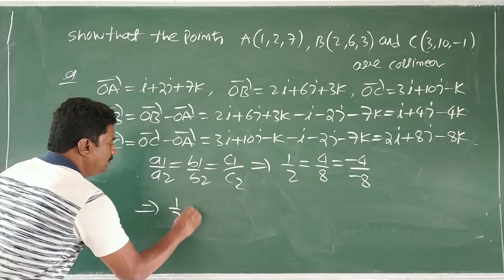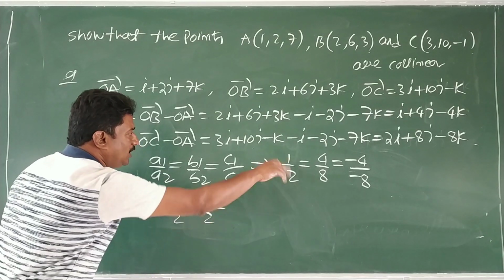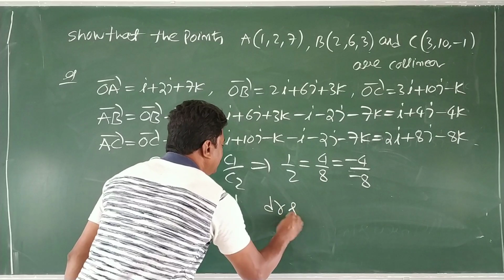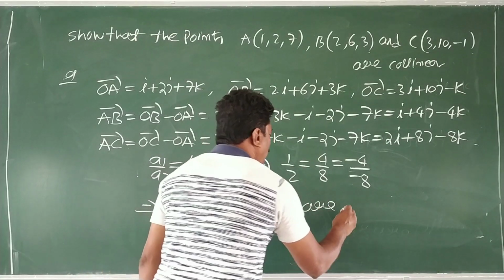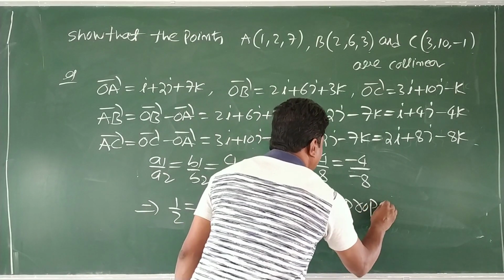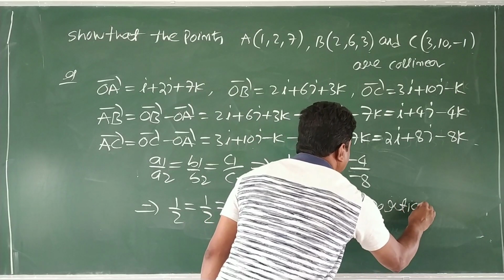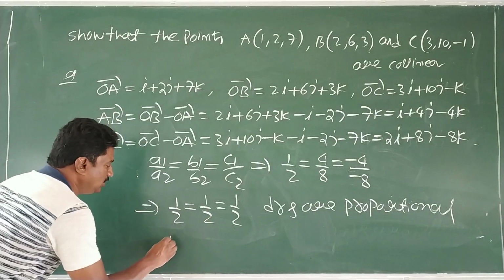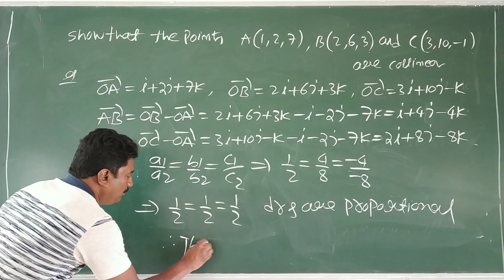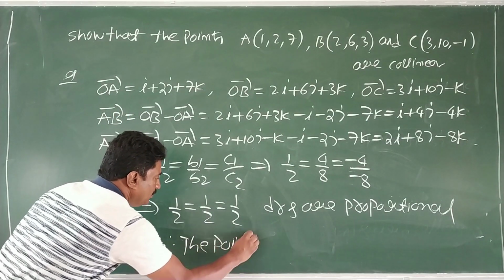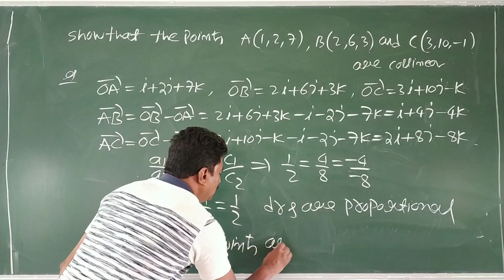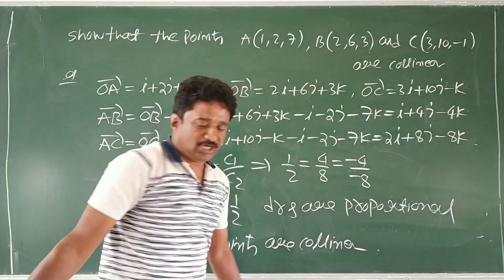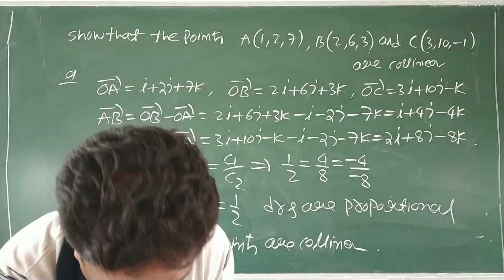That implies 1 by 2 equals 1 by 2 equals 1 by 2. DRs are proportional. Therefore the points are collinear.